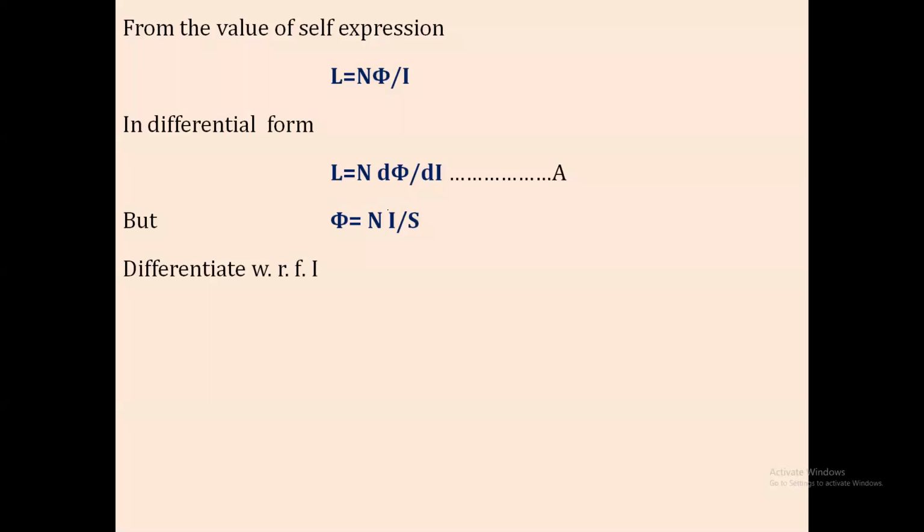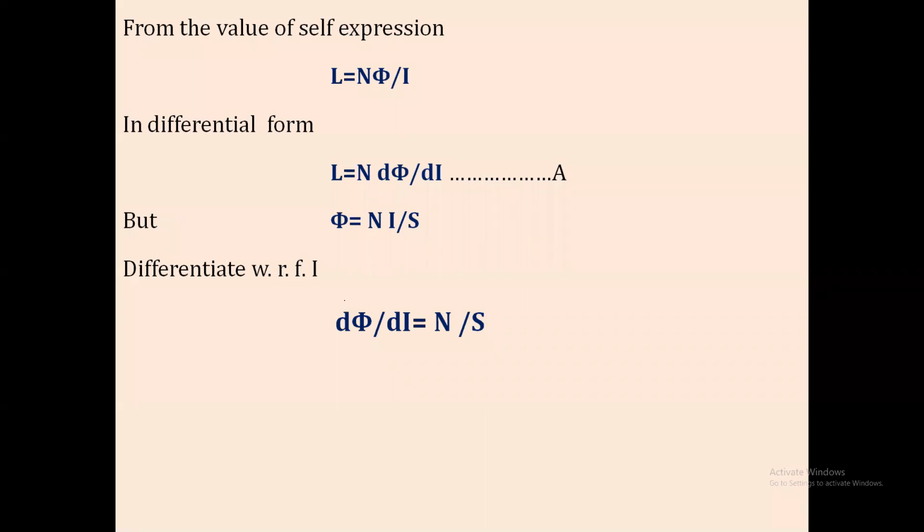So if I take the derivative of this equation with respect to i, on the right-hand side I get d phi by di, which is equal to, on the right-hand side, only N upon S remains.